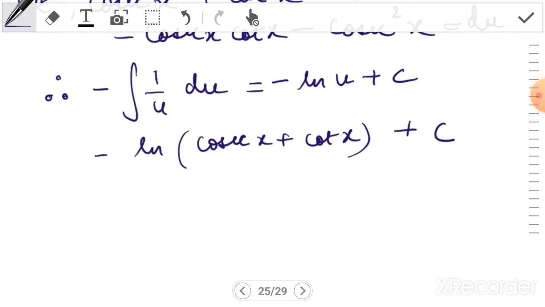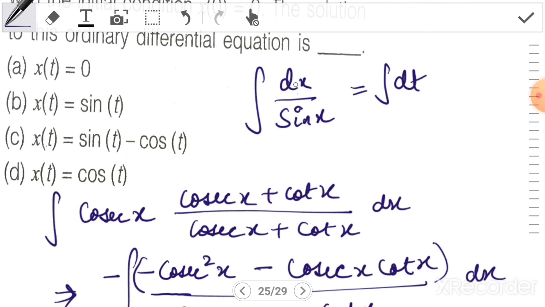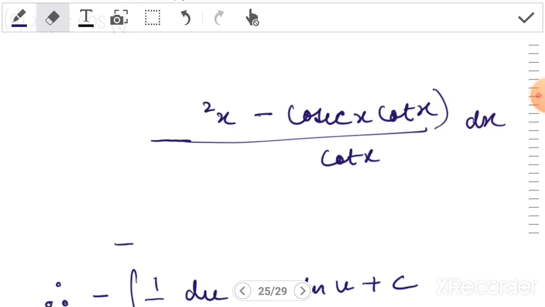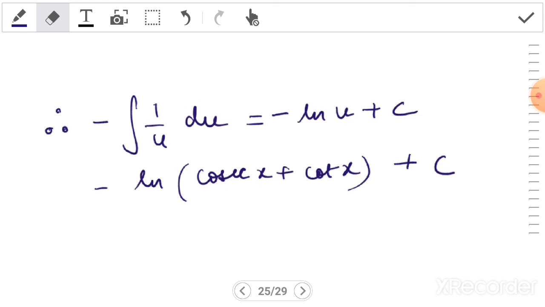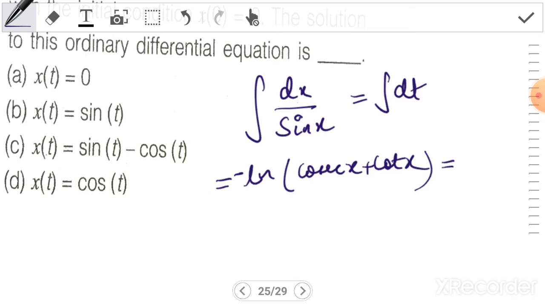Then 1 by sin x integral we have. Let us clear this. So we have log minus cosec x plus cot x plus some constant, which can be taken on the right hand side, so t plus c.